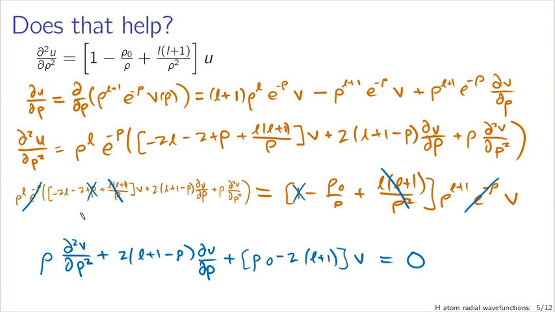Did this actually help? Well, you'll see actually that it did. The reason this is a useful thing to do is if you look at our original differential equation here, while it took a lot less time to write this than it does to write this much longer expression, we have a rho and we have a rho squared here, whereas these rhos in the denominator don't appear in our final expression. That's because the rhos in the denominator were relevant when we were considering the rho goes to 0 limit, and we factored out the dominant asymptotic behavior for the rho goes to 0 limit with this rho to the L plus 1 guess.